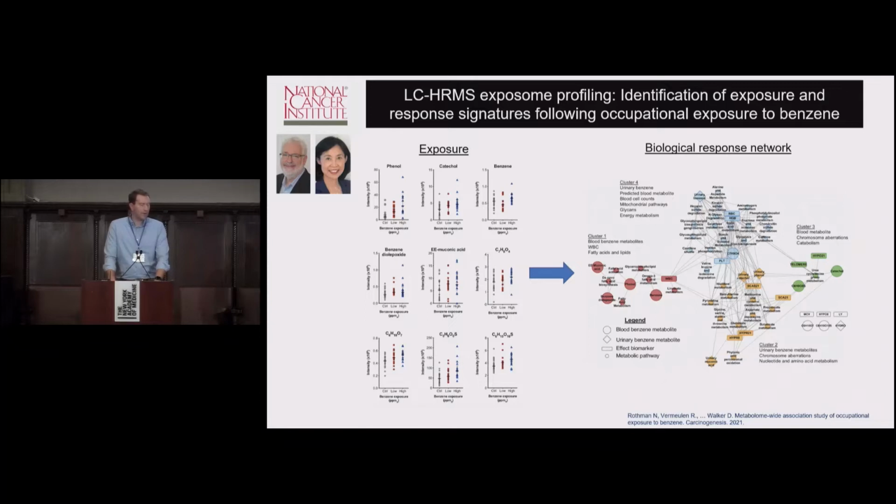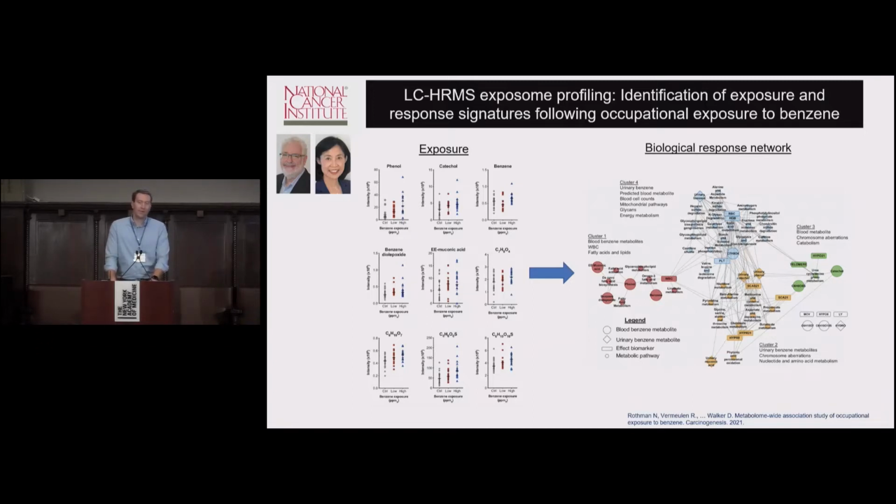And an example of how these methods have allowed us to characterize that combination of both exposure and response is from a recent publication that was performed in collaboration with the National Cancer Institute, where we were trying to understand biological effects of occupational exposure to benzene.